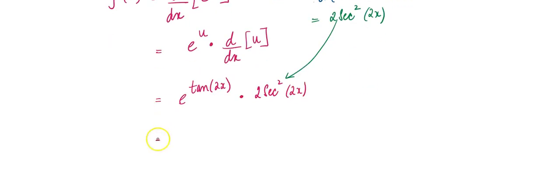You can technically leave it like that, but a little cleanup means that you put the 2 in the front so it doesn't get lost. And secant squared 2x. Please put those parentheses around so we know that they are grouped together for the argument. Okay. And that is your answer for this problem.